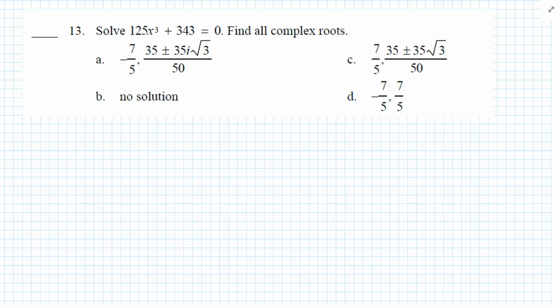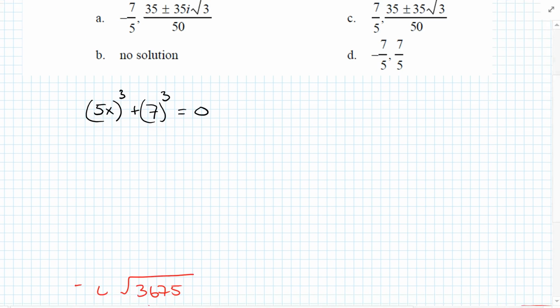Solve 125x cubed plus 343 equals 0. So let's look. So this is really going to be 5x cubed plus, what is the cube root of 343? 7. 7 cubed equals 0.